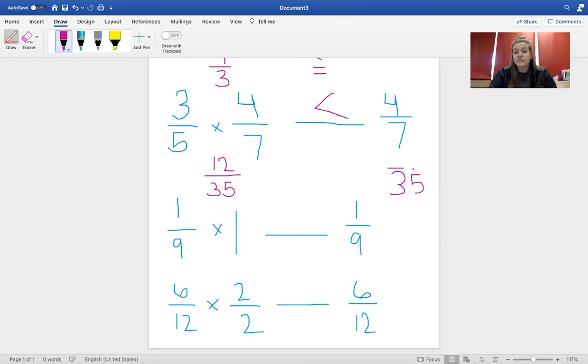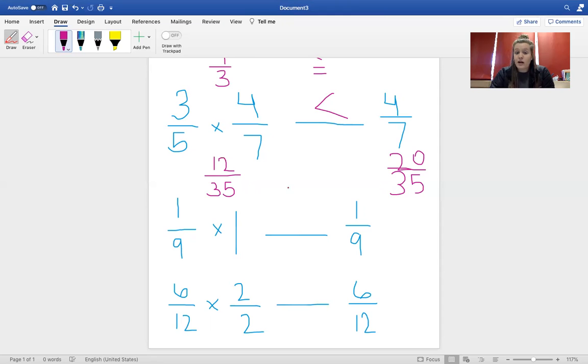And to get from 7 to 35, I multiplied by 5. So 4 times 5 would be 20. And 12 over 35 is less than 20 over 35. Because if you think of starting with 4/7, because we have 4/7 on both sides, this side is being multiplied by a number smaller than 1. So your answer is going to be less than your original 4/7.